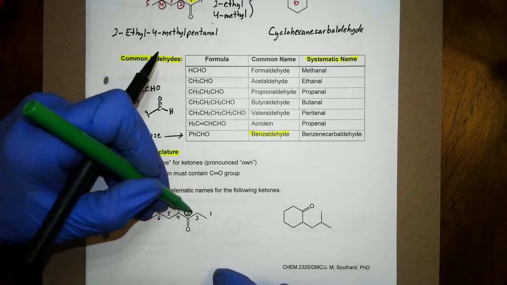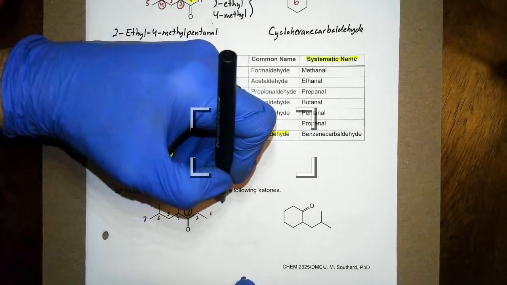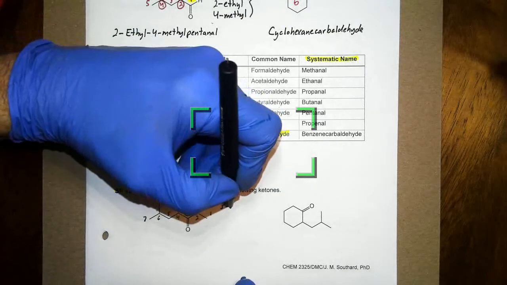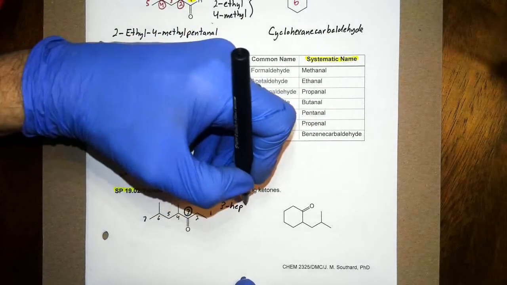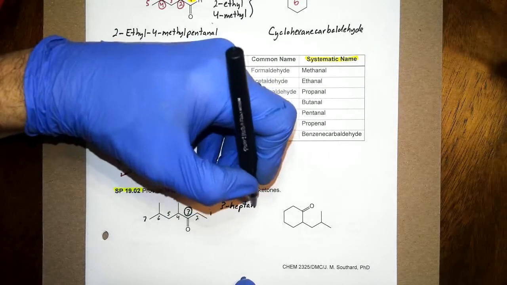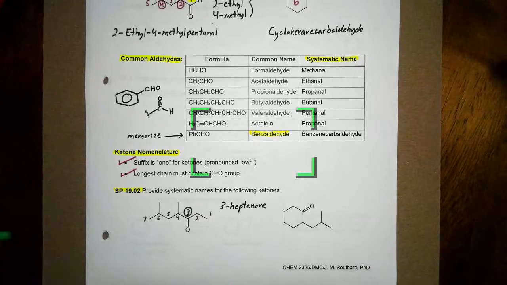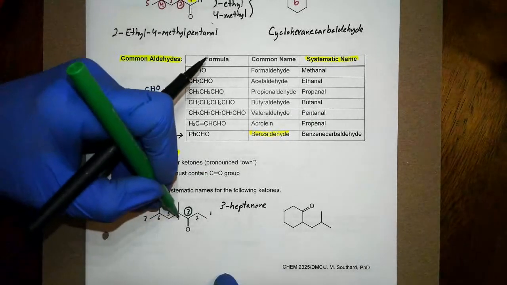So the parent's name manifestly is going to be 3-heptanone. 3-hep for 7 carbons. We put the A there for phonetic reasons. 3-heptanone. And keeping with what we've learned in times past, we have to name the branching groups.